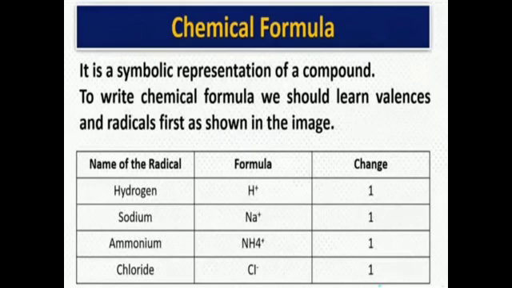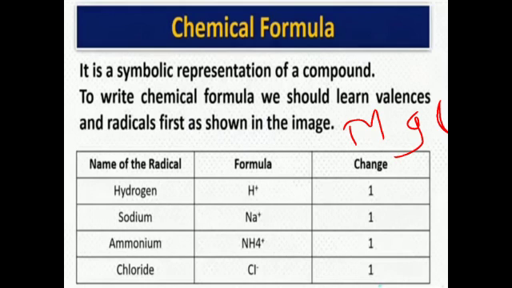For example, magnesium hydroxide can be written as Mg(OH) twice. This way it is written. So the formula of the ion is written in the bracket and the number of ions is written outside. That's why we always write it as Mg(OH)2, not MgOH2.